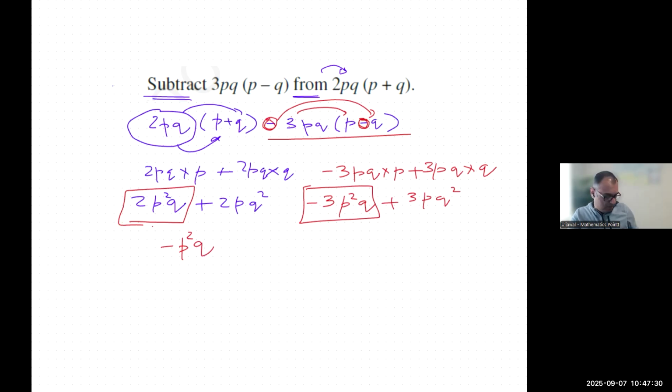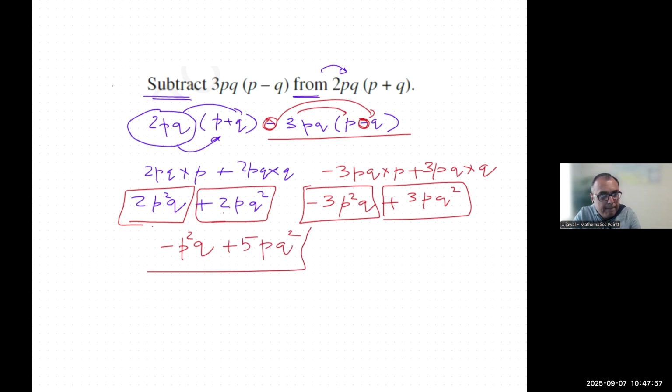And that's the like term: 2pq square plus 3pq square. So 2 plus 3 makes it 5pq square. That is the answer. Is this clear, everyone?